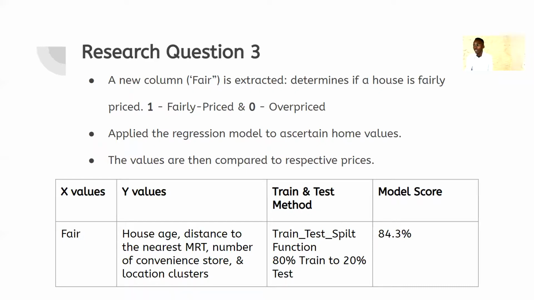And this model had a whopping 84.3% score. When we trained it and then tested it with a 20% random sample, the prediction score of that model is 84.3, which is very strong. It's a very strong model.